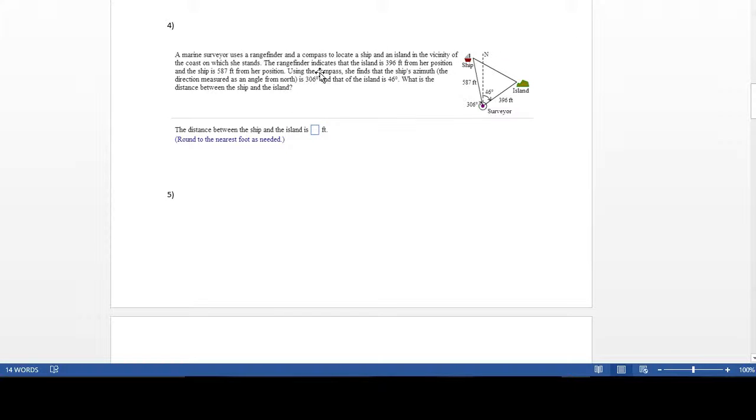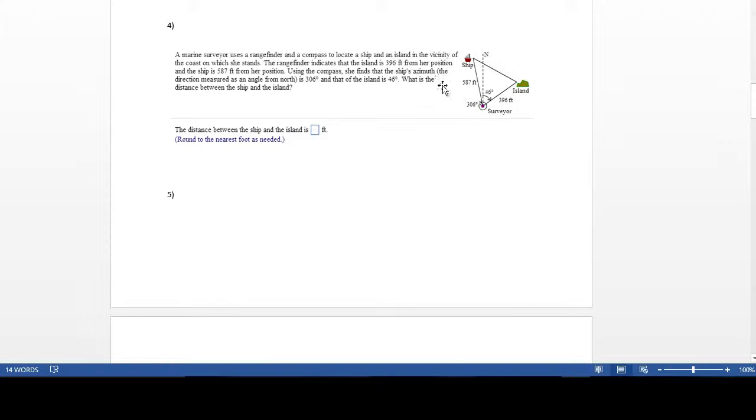I'm taking 360 minus 306 to find the angle between the two. And for some reason they just gave you an angle of the north to the side of the island, right, for no reason. Because the ship is using, I guess, azimuth?